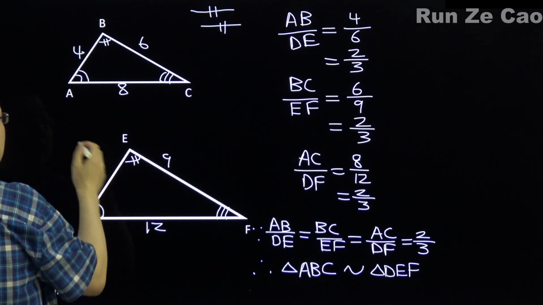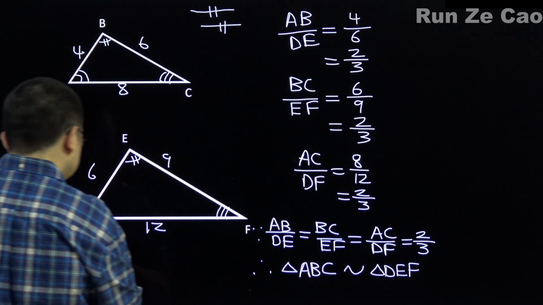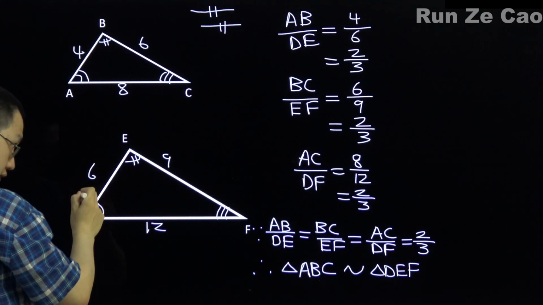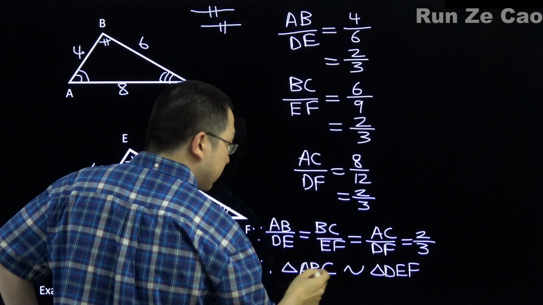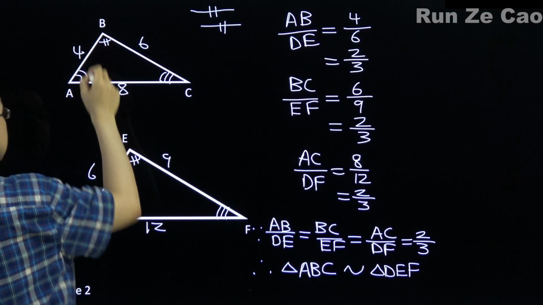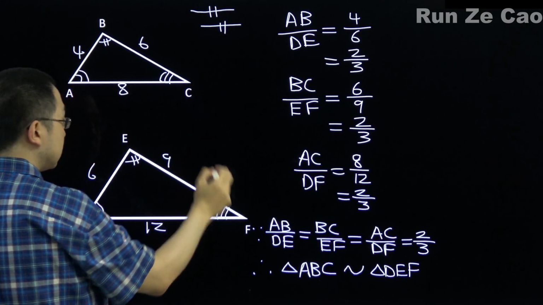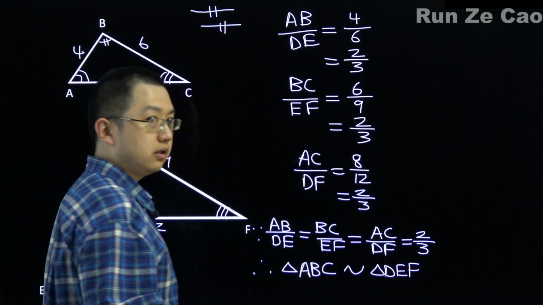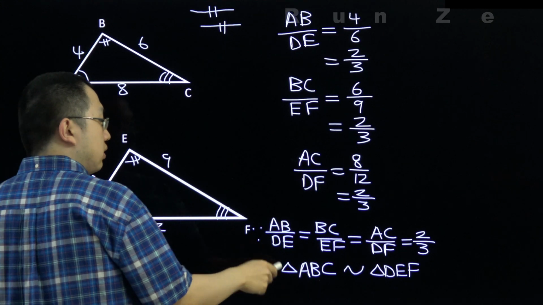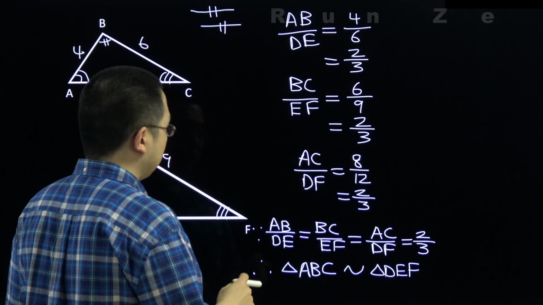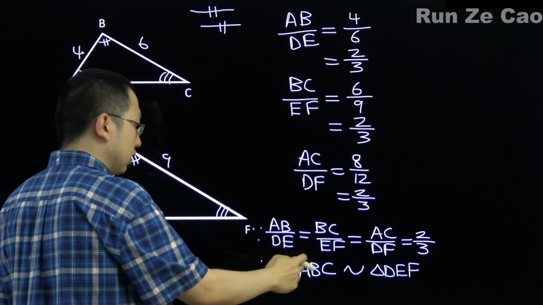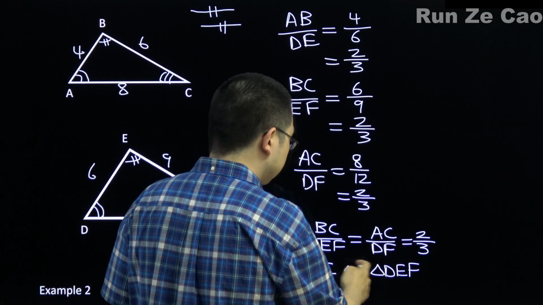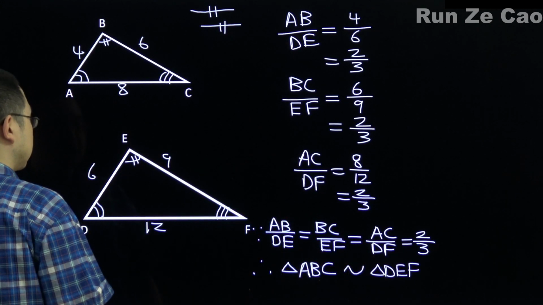But A and D correspond. That's why they are written in this particular order. B and E correspond, and C and F correspond. When you're writing out similar shapes, the points correspond to the points in the other shape in the same position.